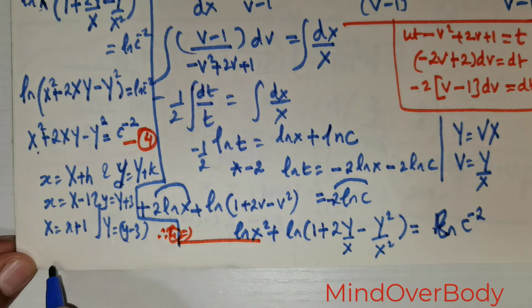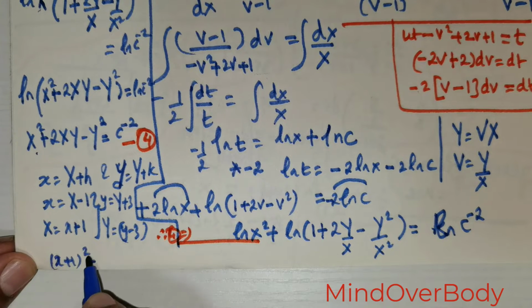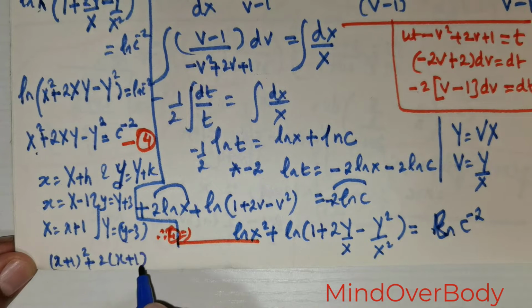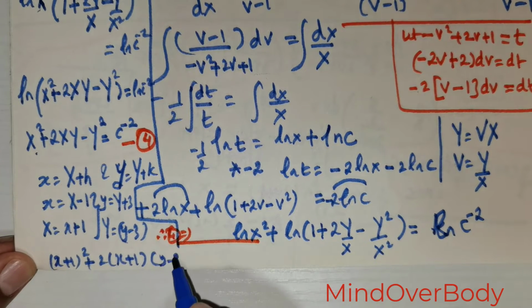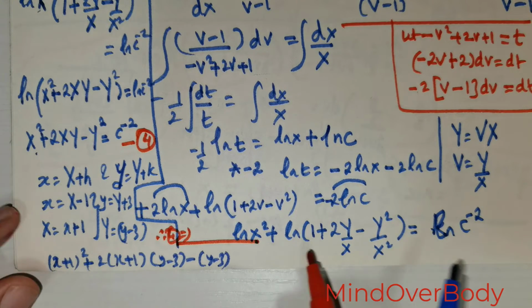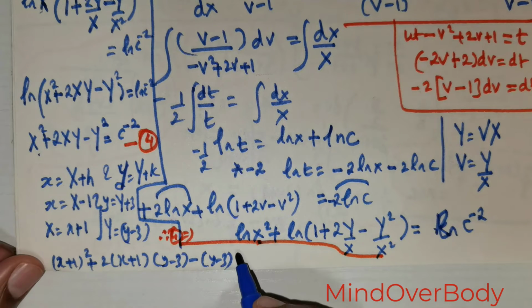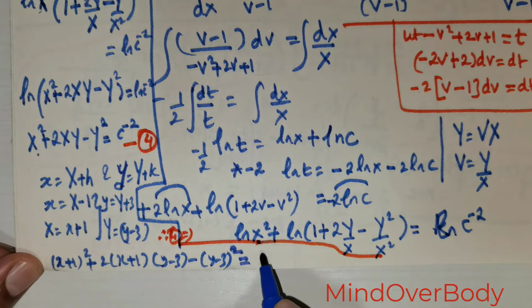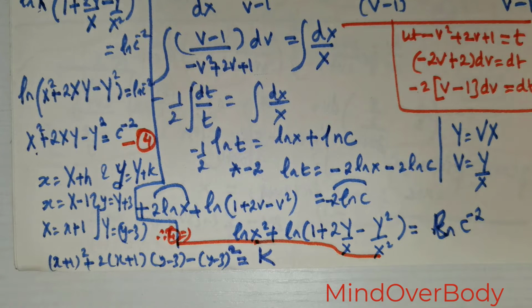So that's going to be (x positive 1) raised to the power of 2 positive 2 times (x positive 1) times (y negative 3) negative (y negative 3) raised to the power of 2 is equal to some constant k. I can just put that as some constant k.